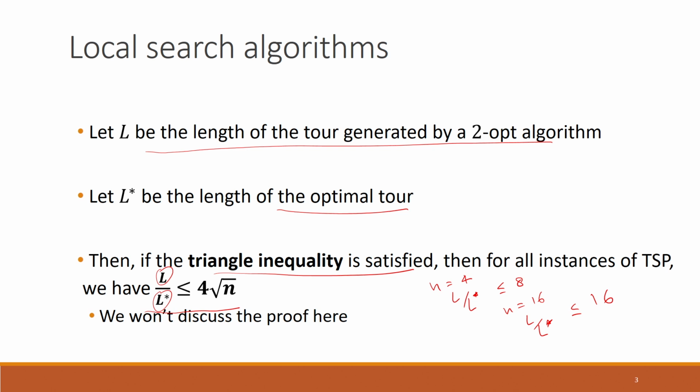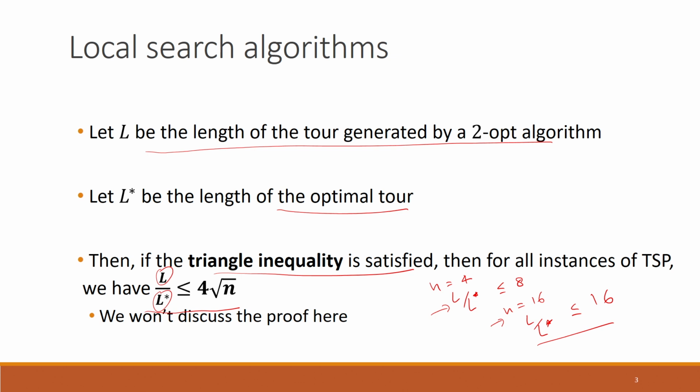In the first case, where n is equal to 4, this result guarantees that for all instances of the TSP, that is, for all examples of the traveling salesman problem, the length of the tour you obtain will be less than or equal to 8 times the length of the optimal tour. Whereas when n is equal to 16, this result guarantees that the length of the obtained tour will be less than or equal to 16 times the length of the optimal tour. So, this guarantee becomes looser as n increases.